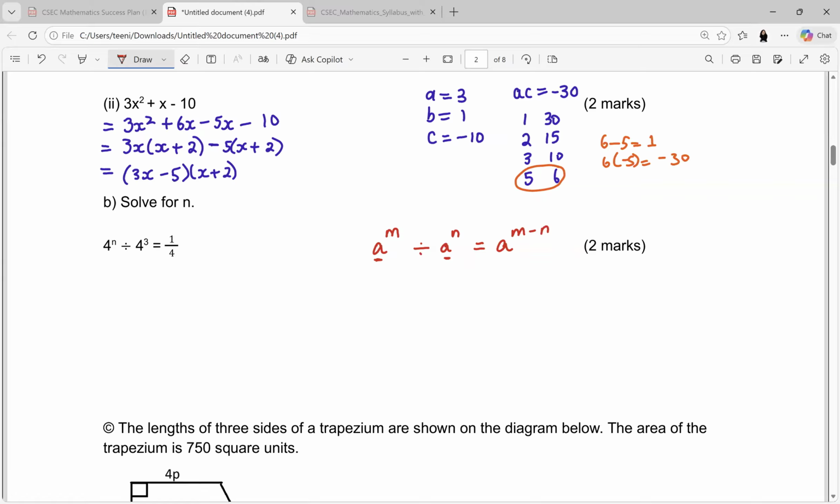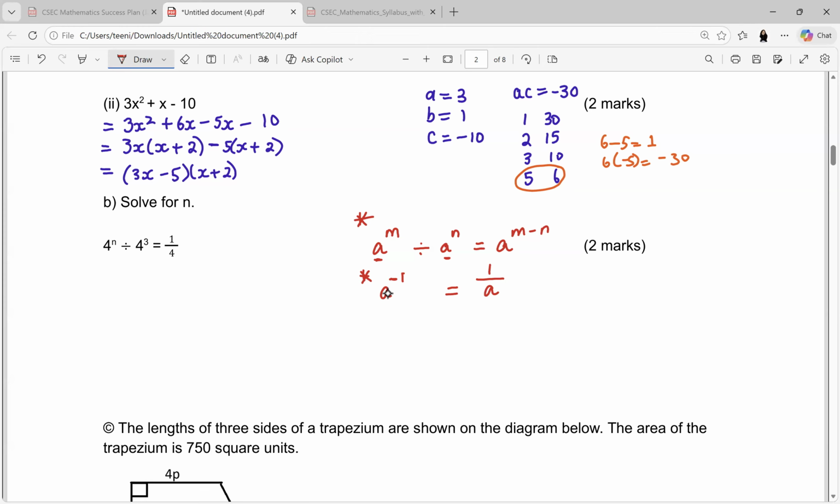That's the first law of indices that I want you to recall. The second law is that if you have a to the power of negative 1, this is equal to 1 over a. So any number raised to the power of negative 1 is 1 over that number. And you're going to use these two rules here to solve this question.